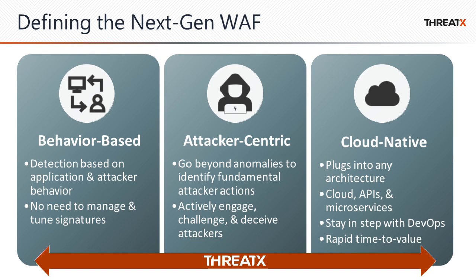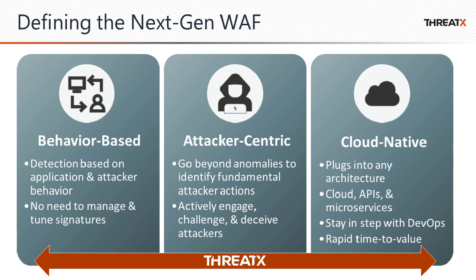What you're doing is keeping state on all of the users of the application to understand their behaviors over time, and to see how aggressively they're using the application, or whether they're progressing up a kill chain. The other important thing about keeping state on them is that you can actively engage them to see if they're hopping around IP addresses, or if they're part of a botnet. You can send them deceptive information to see if they're triggering on things they shouldn't.